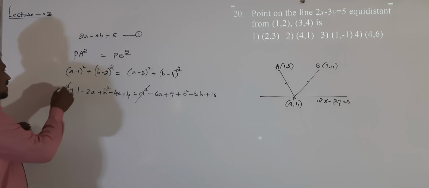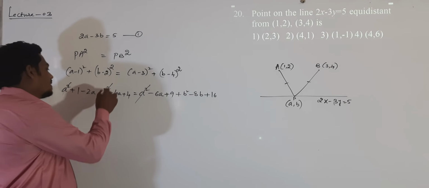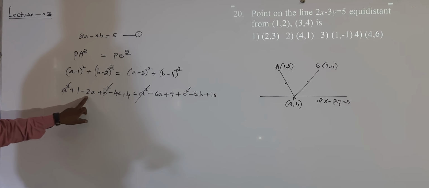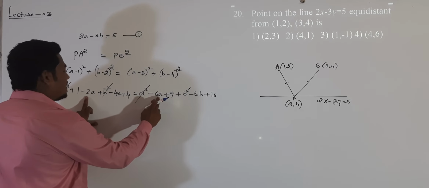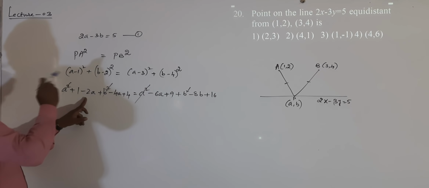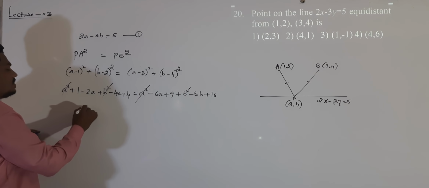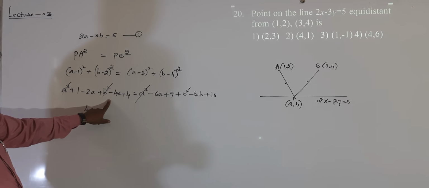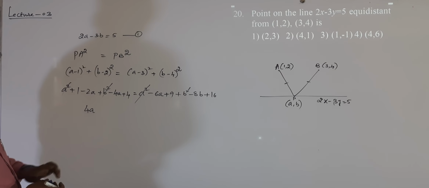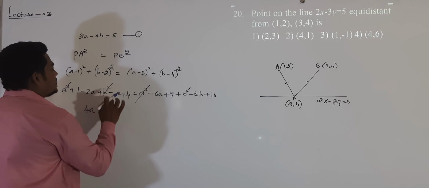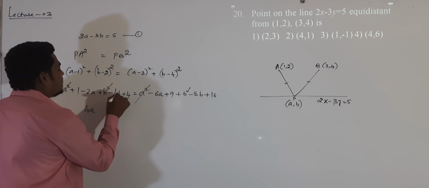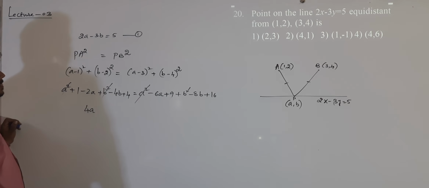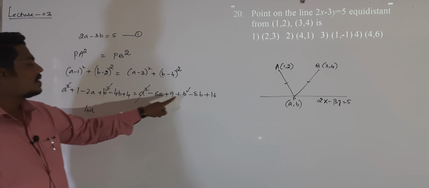Now on both sides the a square term gets cancelled and the b square term also gets cancelled. After that, what do you get? Here minus 2a is there, here minus 6a is there. If you take this minus 6a to the LHS, then it will be plus 6a minus 2a, which is plus 4a. Now look at the b term.